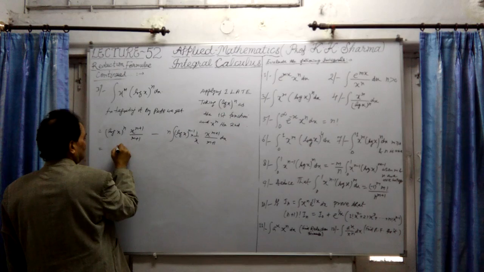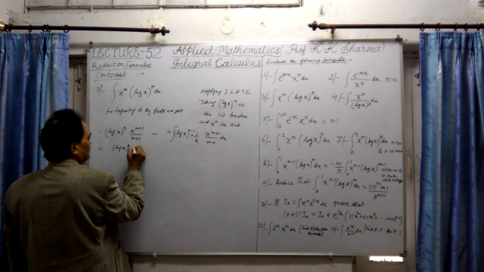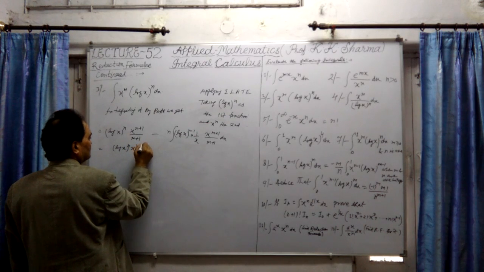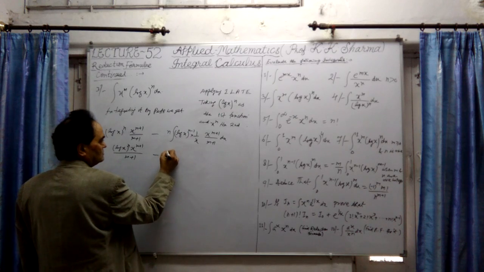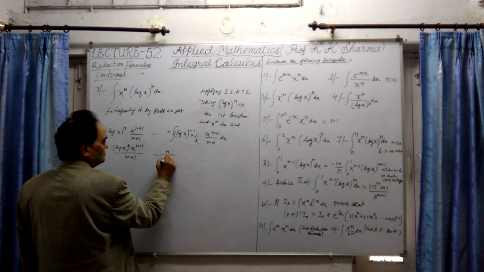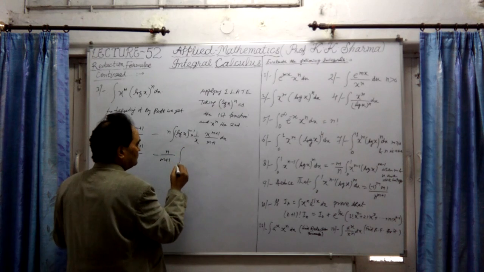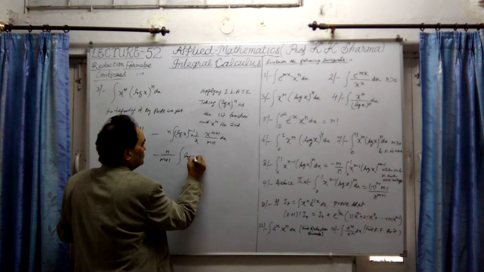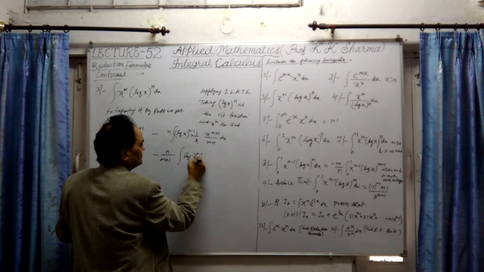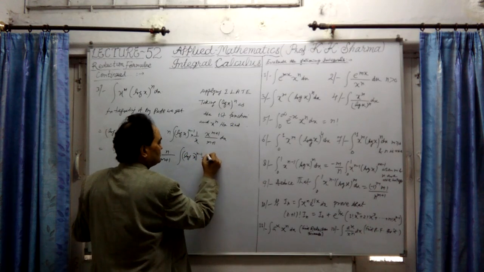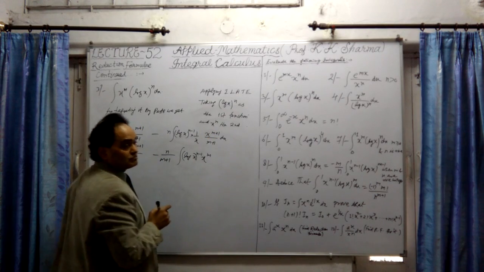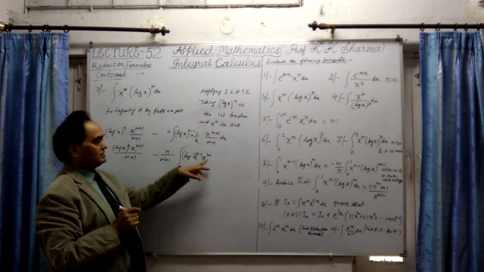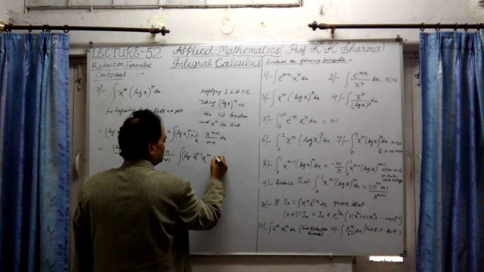It will be log of x whole power n, x to the power n plus 1 divided by n plus 1, minus n upon n plus 1 times the integral of log of x whole power n minus 1 into x to the power n dx, because x to the power n plus 1 divided by x gives x to the power n.